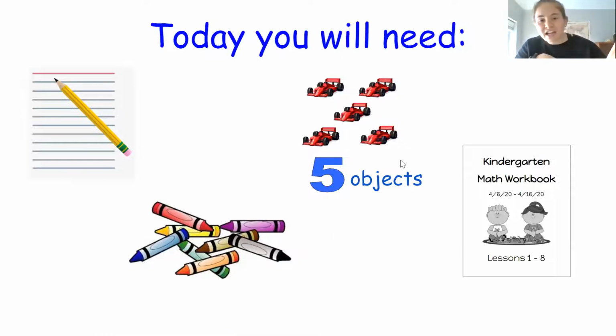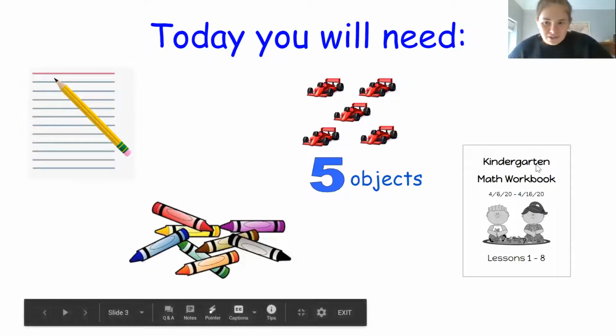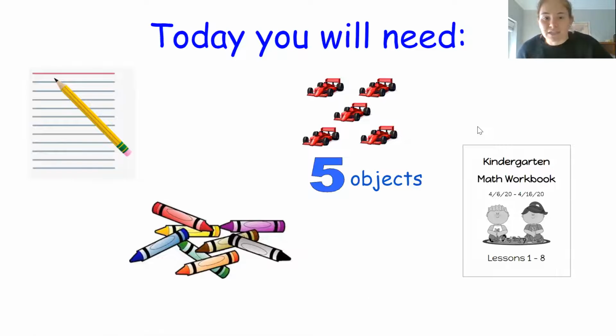It could be hair ties or pennies or beads, any little thing that you can move around to practice your number bonds with is perfect. And then of course you need your kindergarten math workbook. If you are missing any of these things, now's the time to pause the video and go get them. So make sure you have all the stuff you need before you keep going.